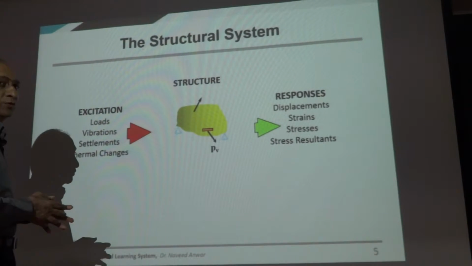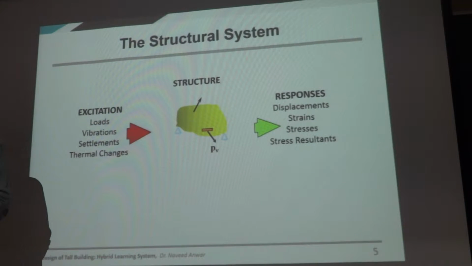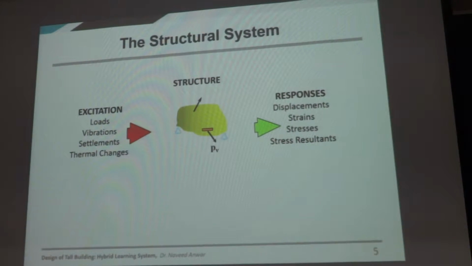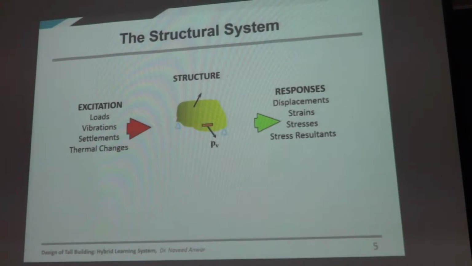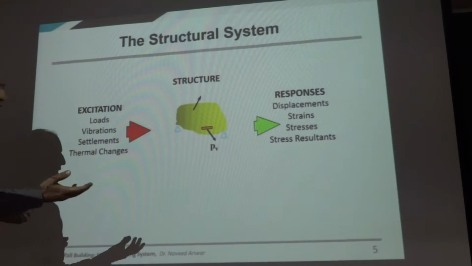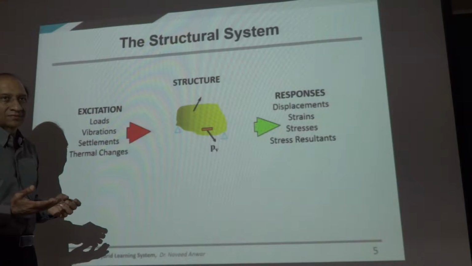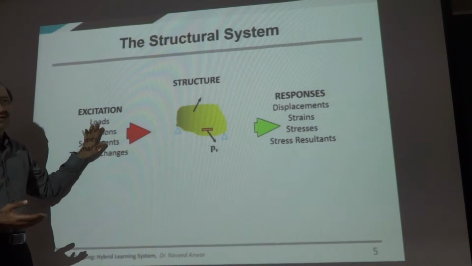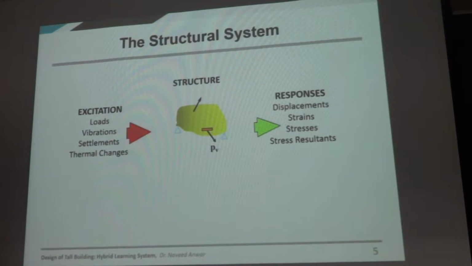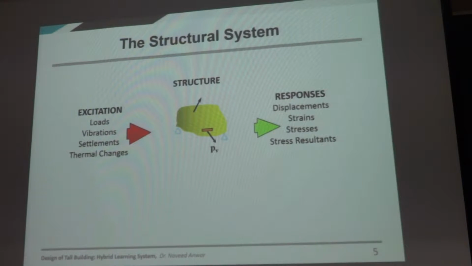They also have vital indicators: displacement, strain, stresses. We just know how to measure them. A structure not responding is actually not even possible, because there is always some excitation. So as long as the structure is there, it will have some response.